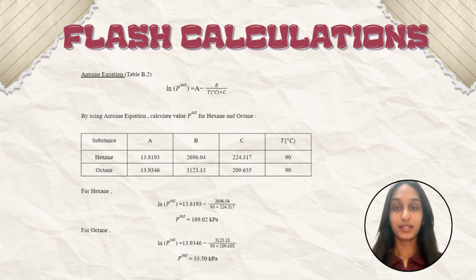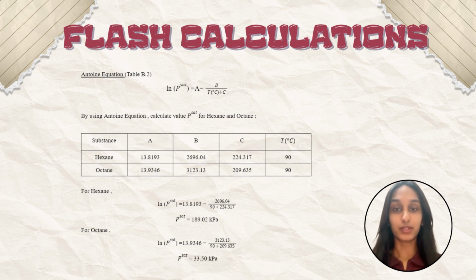I will now present the flash calculations for the hexane-octane separation process. The flash calculation was carried out using an equimolar feed consisting of 0.5 mol fraction of hexane and 0.5 mol fraction of octane, with an operating temperature of 90 degrees Celsius and a pressure of 101.325 kilopascal. For this analysis, the mixture was assumed to behave as an ideal solution, allowing Raoult's law to be applied throughout the calculations.